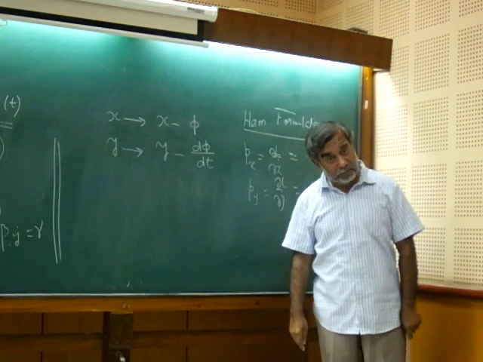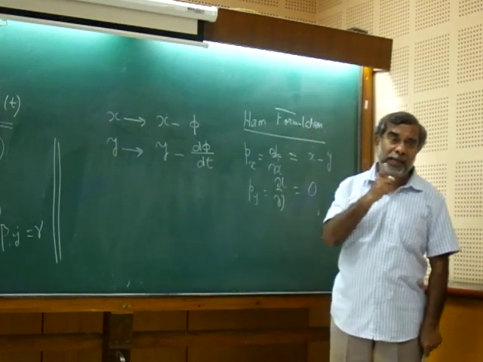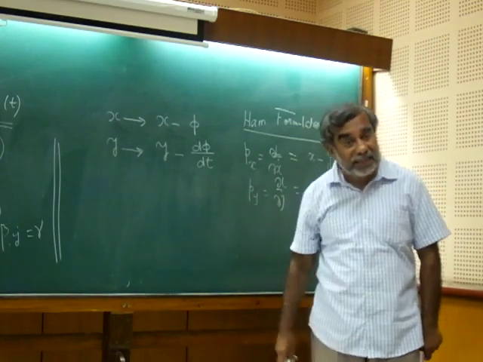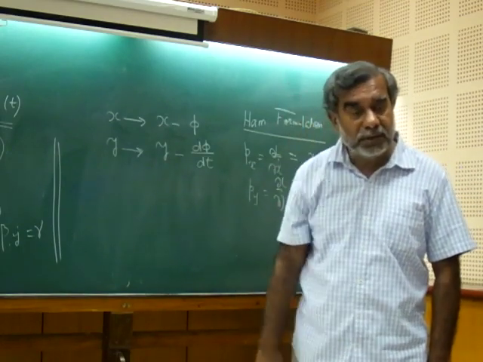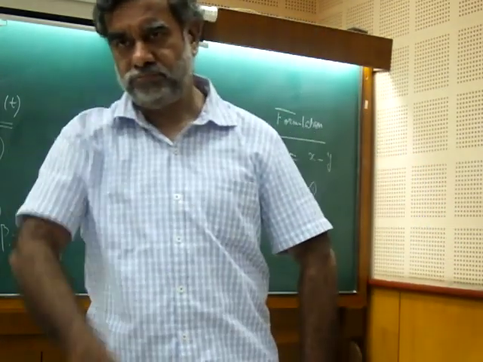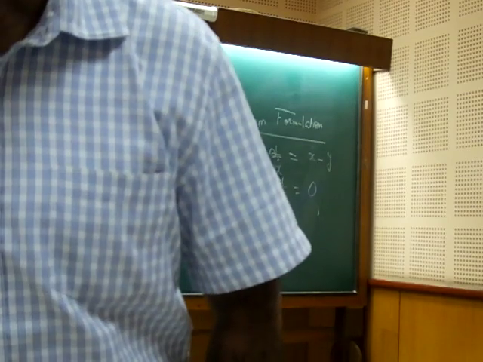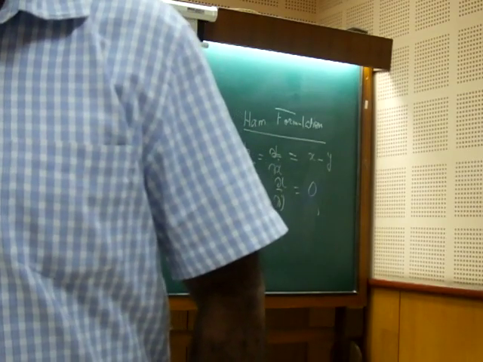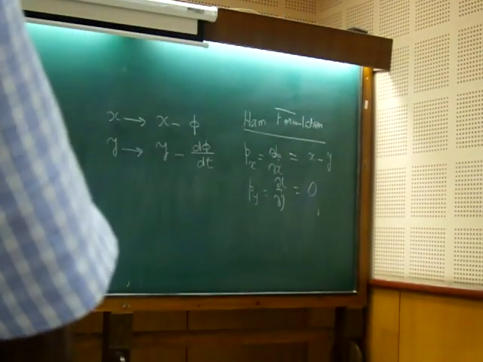Second, another problem. What is this? It is incompatible with the basic Poisson algebra. Why? Because what is the bracket y, py?